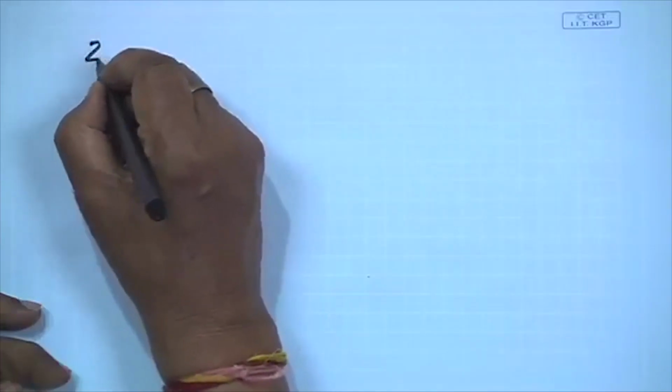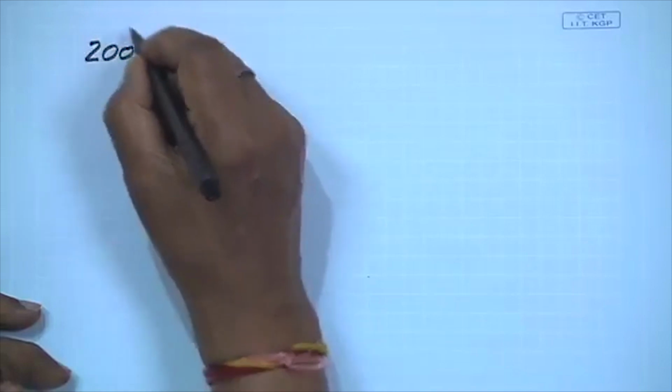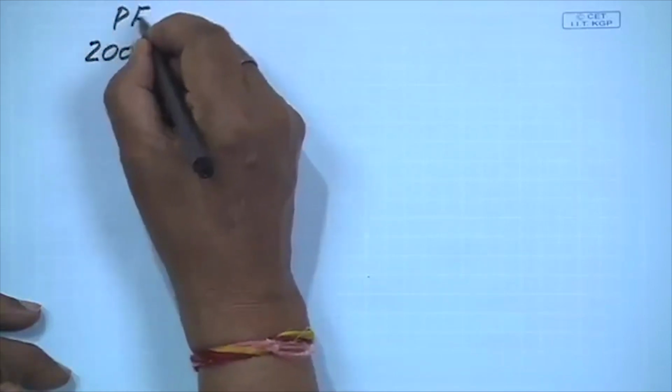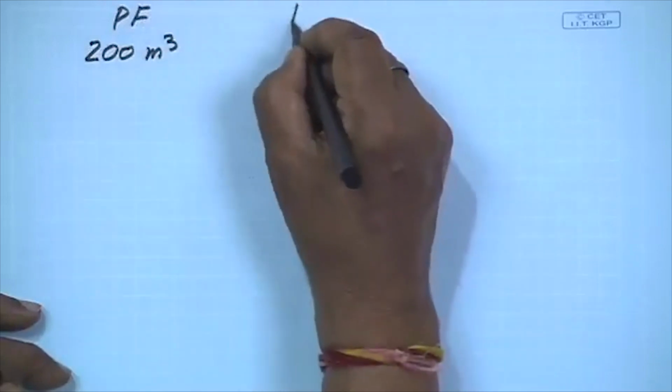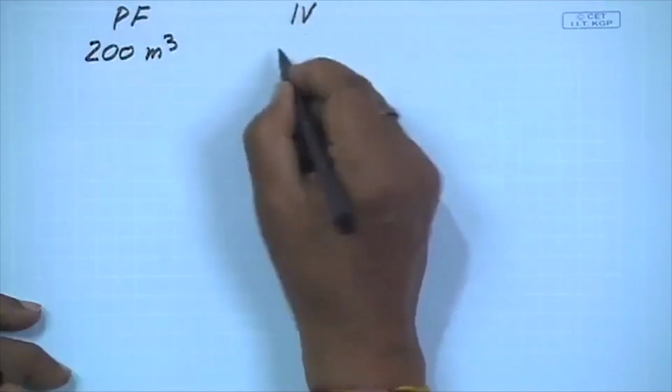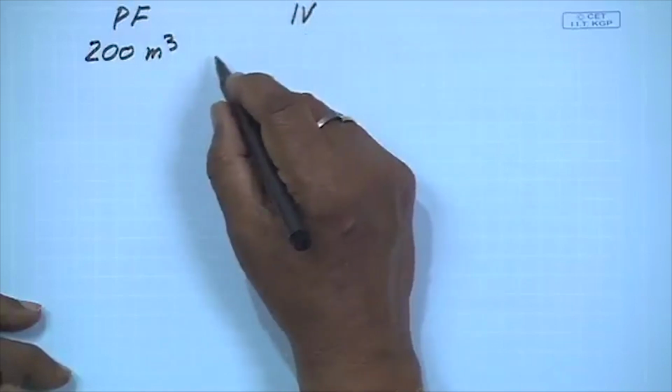The volume of the inoculum vessel is usually 5 to 10% of the production fermenter. I worked with an industry where the production fermenter capacity was 200 cubic meter, and the inoculum vessel, where we prepared the inoculum, was about 5 to 10%.